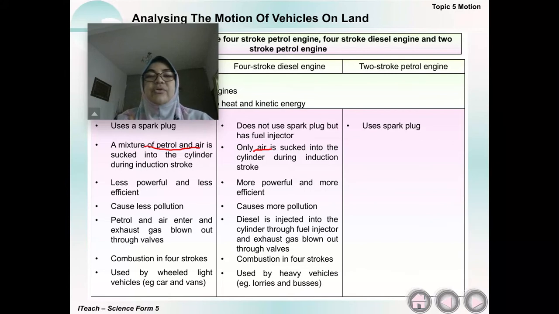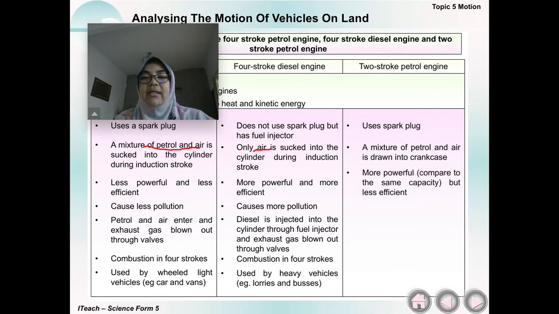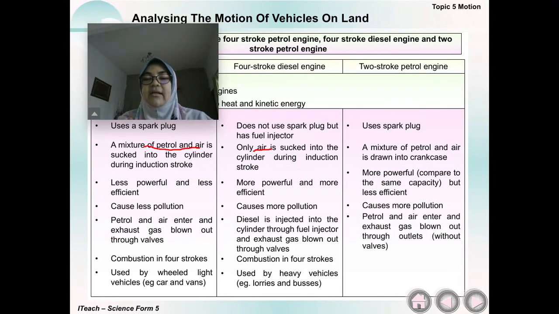Okay, so two-stroke engine dia menggunakan spark plug. Okay, so mixture of petrol and air is drawn into crankcase, more powerful compared to the same capacity, tapi dia less efficient. Dia cause more pollution. Okay, petrol and air enter and exhaust gas blown out through outlet without valve. Dia ada outlet, dia tak ada valve.